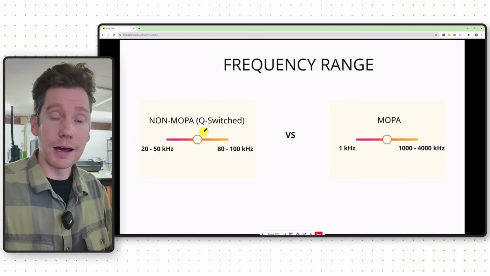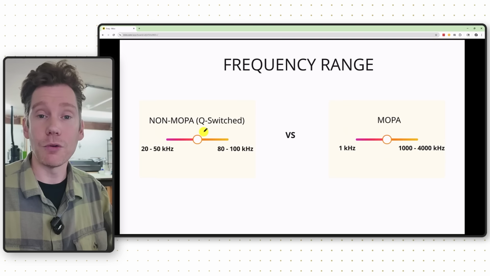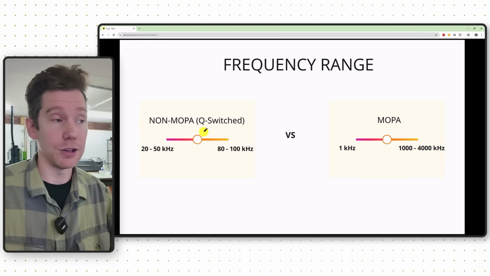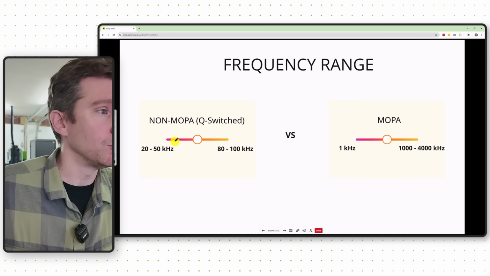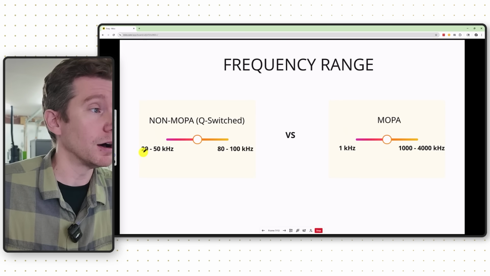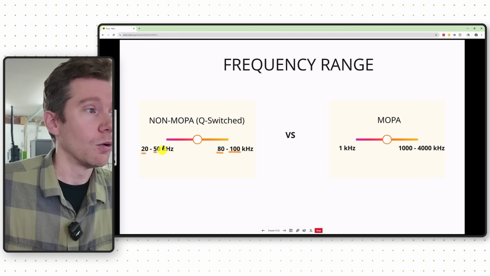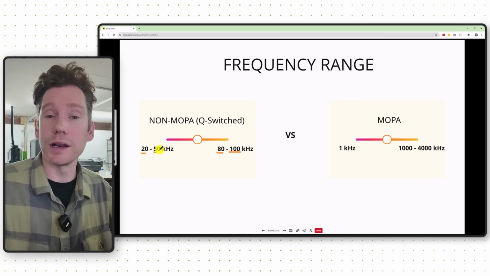If you have a non-MOPA, you are going to have access to a much narrower band of frequency values. So for example, you might see on your laser that you have a minimum of 20 kilohertz and a maximum of 80. Yours might say you have a minimum of 50 and it goes up to 100, or you might have one that goes from 20 to 100.